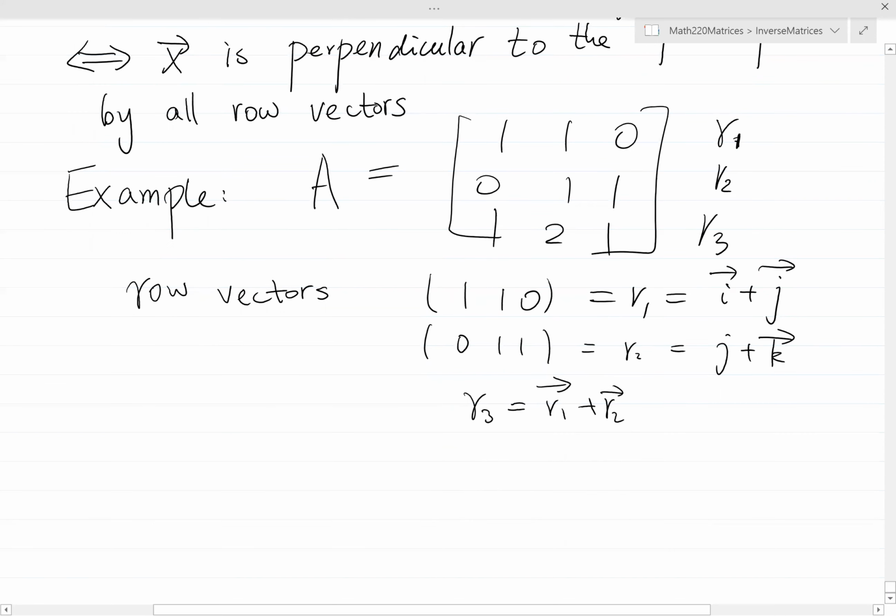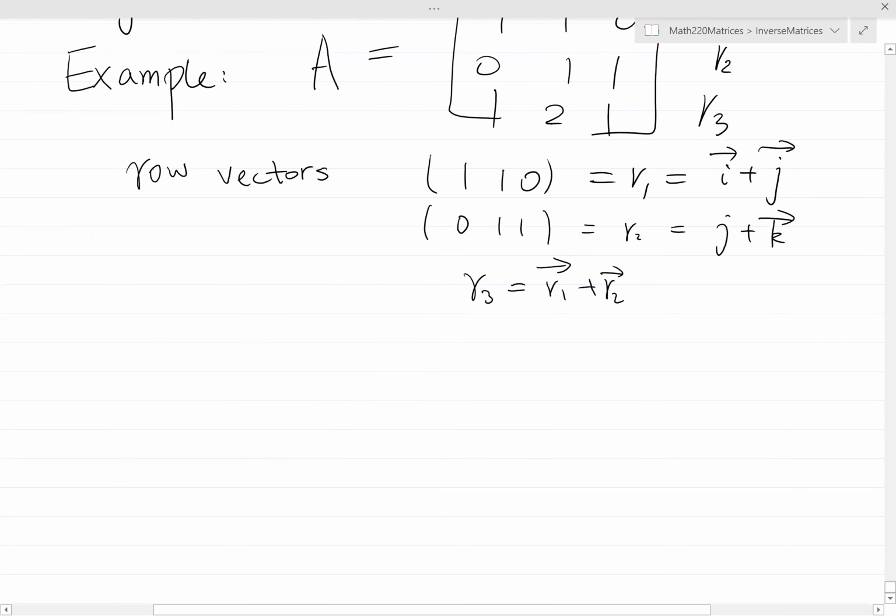If we plot this geometrically, what do row 1 and row 2 correspond to?